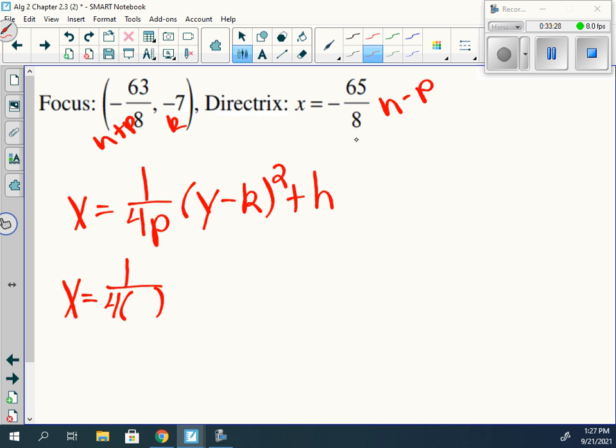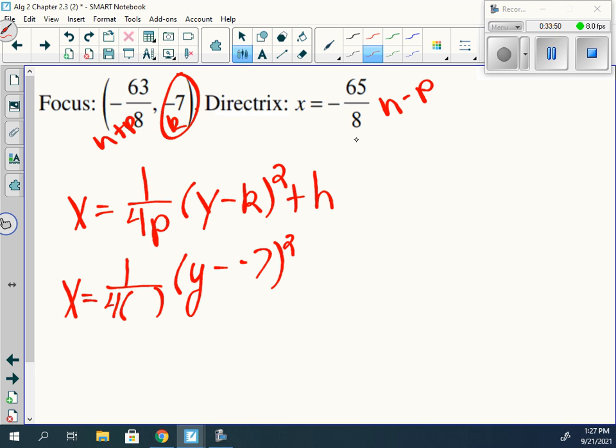Do we know the value of p so far? Well, no. What's the value of k? Luckily, for the focus, it's h plus p comma k, so it told us the value of k.